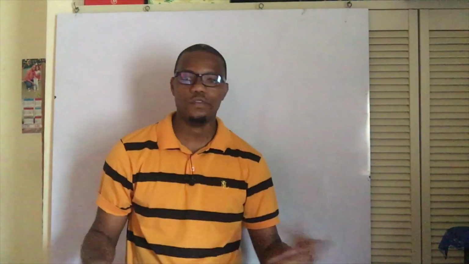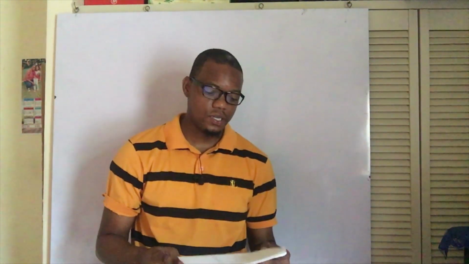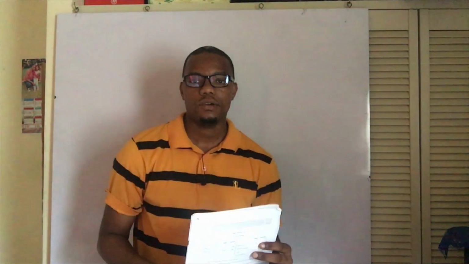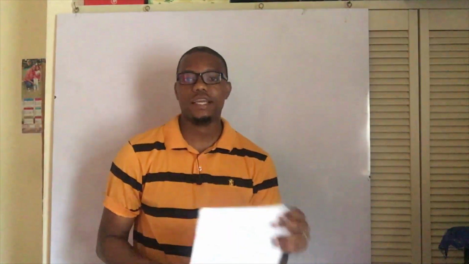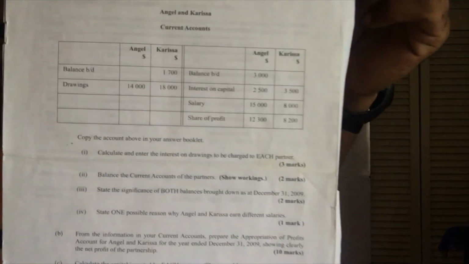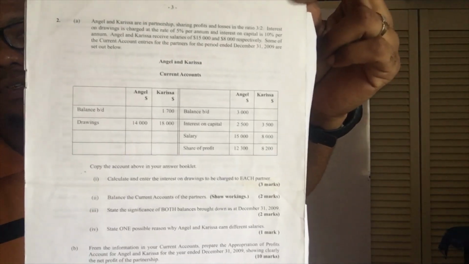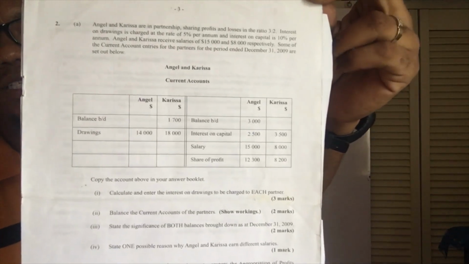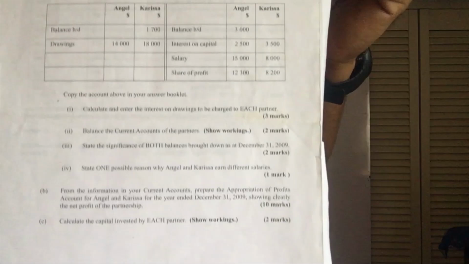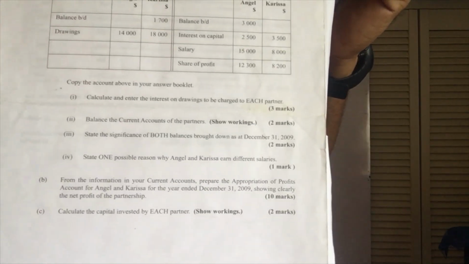It's all over the place. Partnership always comes. There are a lot of past paper questions on partnership accounting. But I choose to do this 2010 one. It provides a unique challenge that I want you guys to see. If you look at it, this is one with Angel and Carissa.